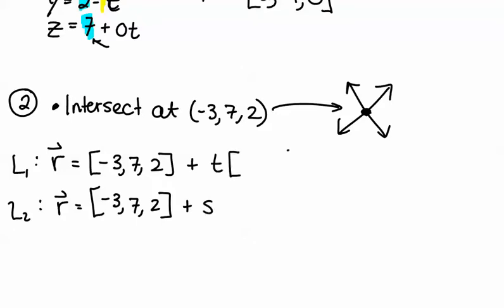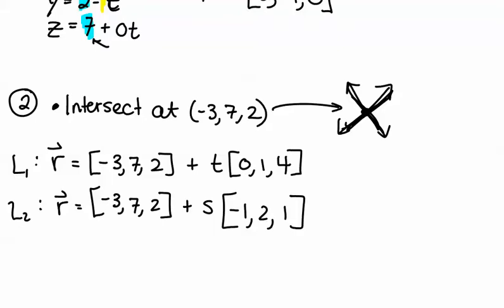As long as they're not the same, I can make them whatever I want, because I know this direction is different than this direction, so it doesn't honestly matter. I can make this one 0, 1, 4, -1, 2, 1. So now I know I have equations, lines going in different directions, but they're going to intersect at that same point. That's not the only way to do this, but I think that's the most straightforward way to do it.